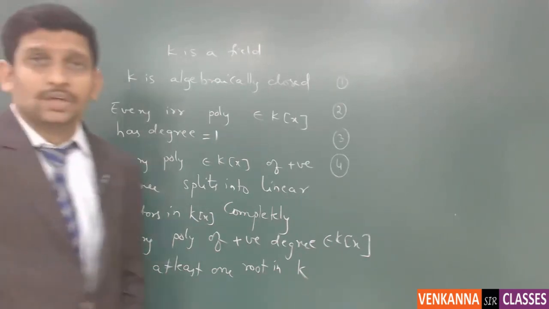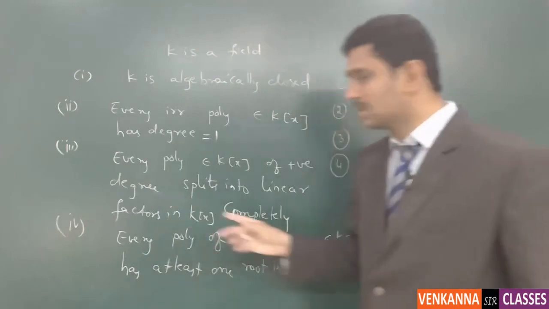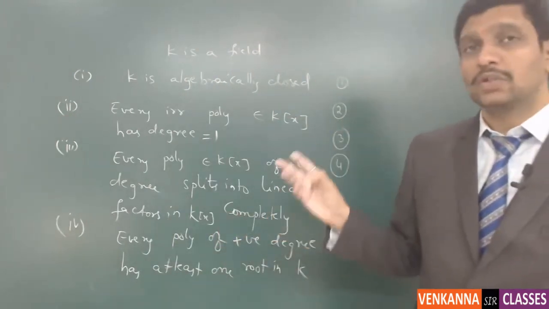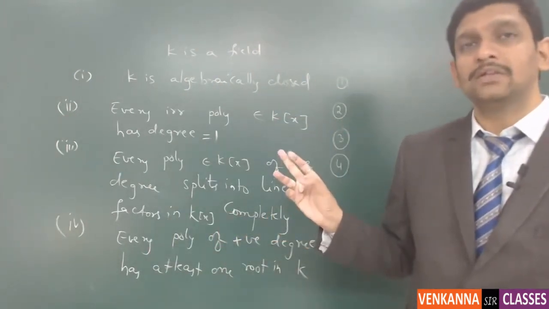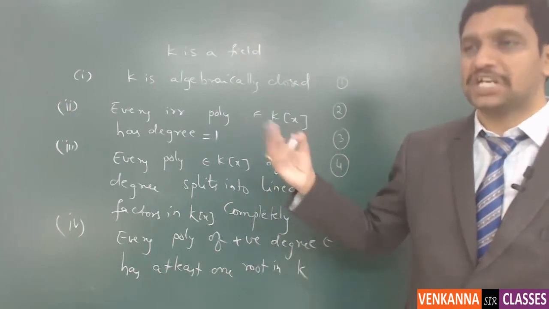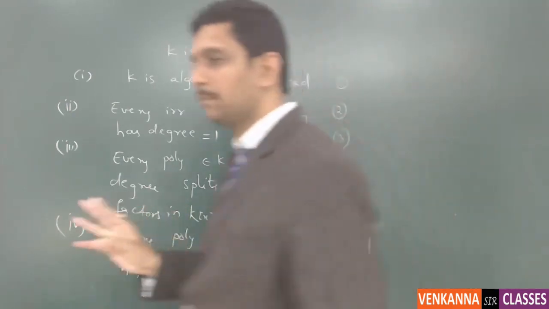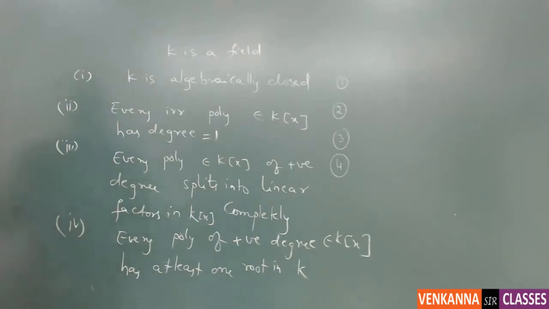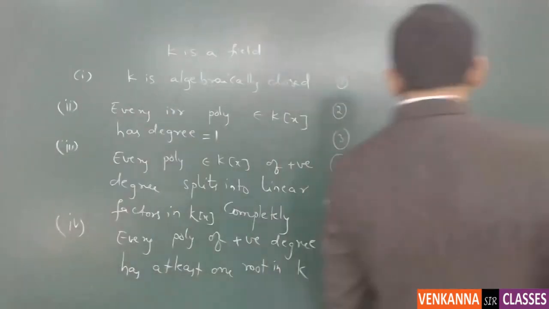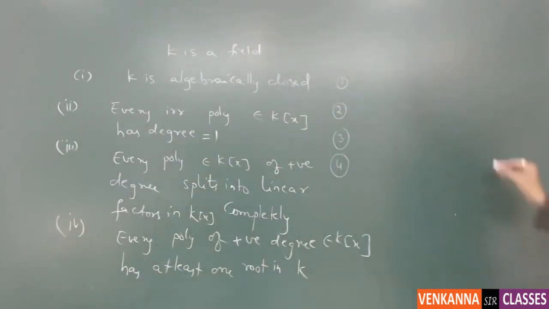Again, if you talk about algebraically closed, the field you have taken should not possess any extension. That we need to confirm. It should not possess any algebraic extension. Let me say, if you take the example I have given earlier, suppose this is a normal extension of this.